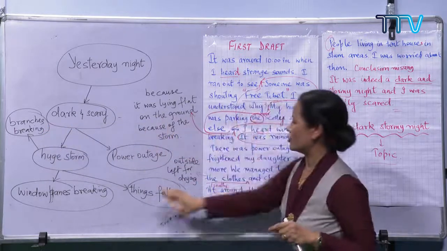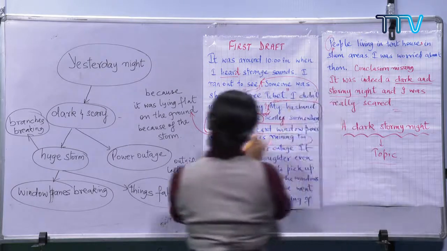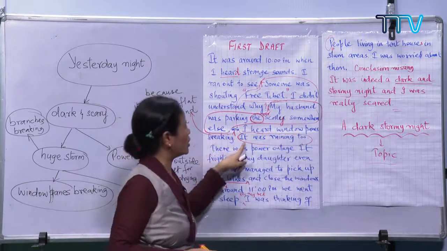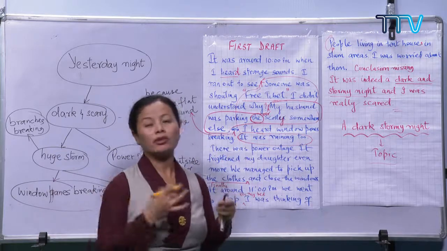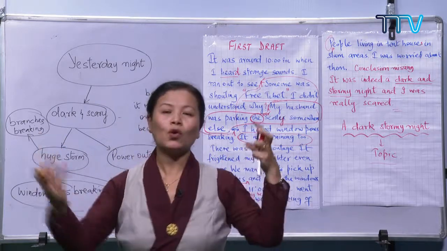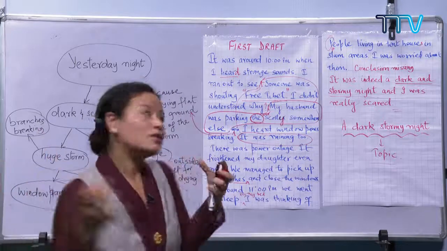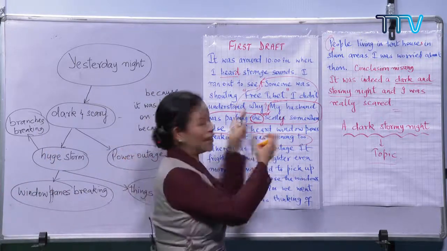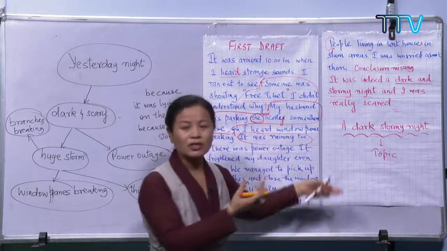Rest we have already written. So we can add I heard window panes and branches breaking. The wind was blowing very strong, as if some ghost came from hell to frighten us, and they were shouting. Okay. So we can add such elements in our piece of writing.